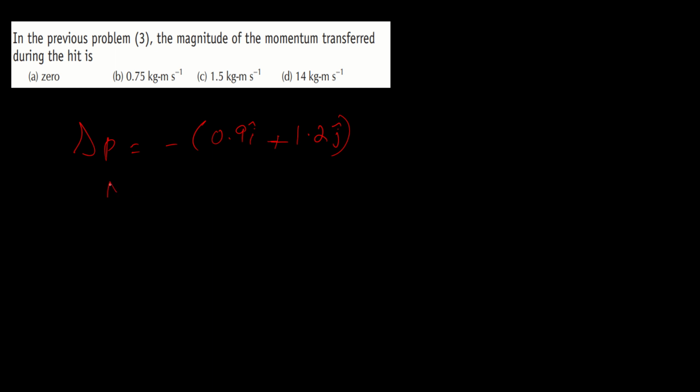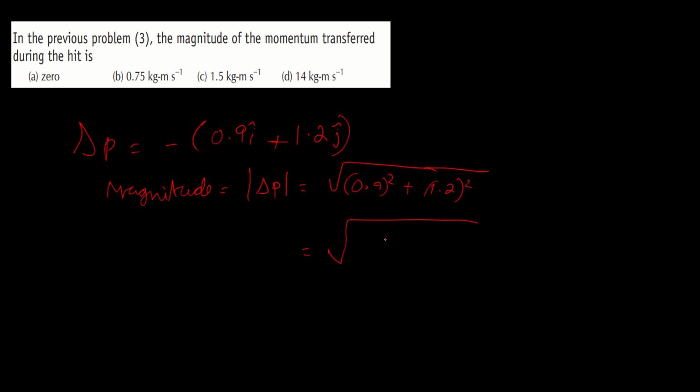Magnitude is equal to mod of delta P, which is root of 0.9 the whole square plus 1.2 the whole square, which is root of 0.81 plus 1.44.